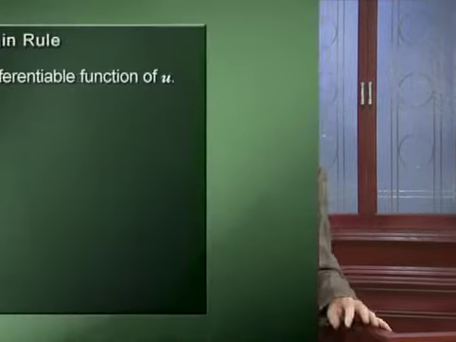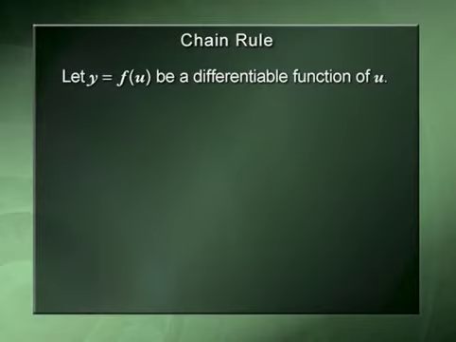Simple. Here's the formal definition of the chain rule. And as I said earlier, I find this not very helpful in understanding what the chain rule does. I think it's easier to see it in practice. But let me write this down for you and you can savor it at your leisure. Suppose y is a differentiable function of u. U is that inside function.